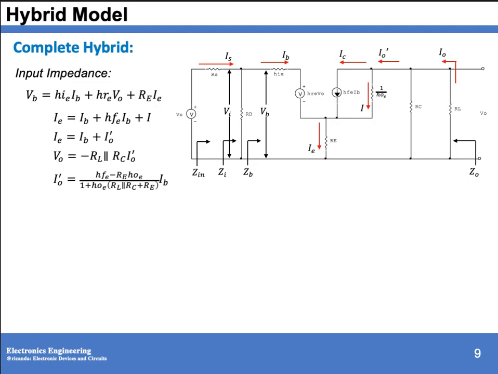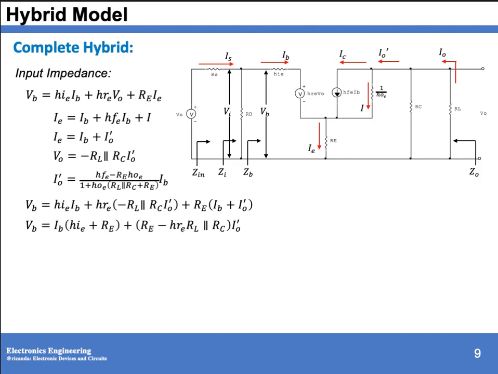So we have to substitute your VO to your voltage at the base, combining all IO prime and substituting the equation of IO prime in terms of IB.